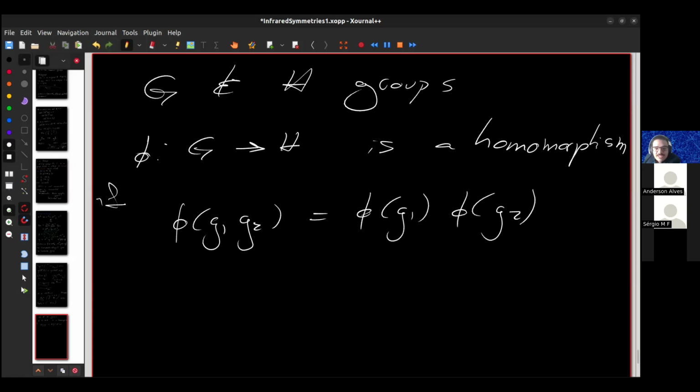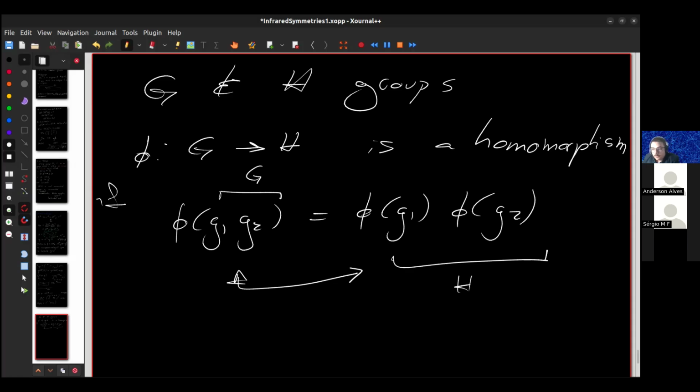What this means is that I can compute the product inside G or later inside H, and the result is the same. Here I compute the product first in G, and then I map it to H. And here I first map it to H, and then I compute the product in H, and the result is the same. This is what I call a homomorphism.